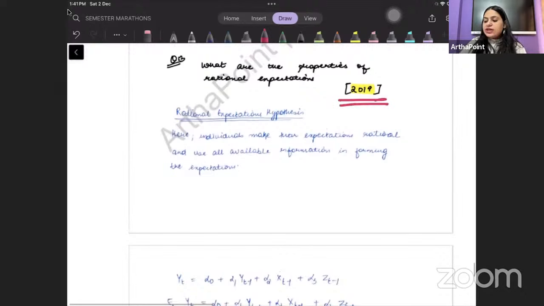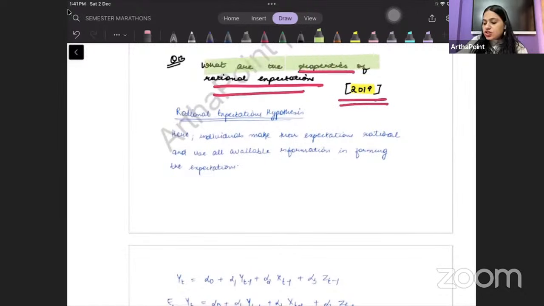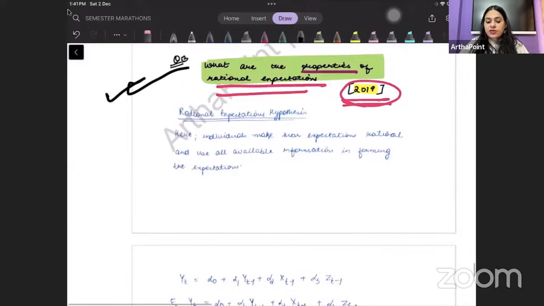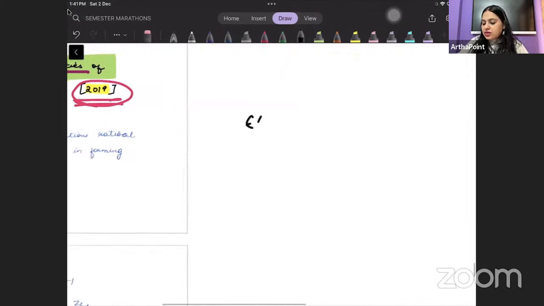This came in 2019. What are the properties of rational expectation? So for a change, question was changed. अभी तक कहीं पे भी properties के बारे में नहीं पूछा गया. This was the first time in 2019 that they asked about the properties of rational expectations. Beta, what are the properties? The error term is 0. ये पहली property है.